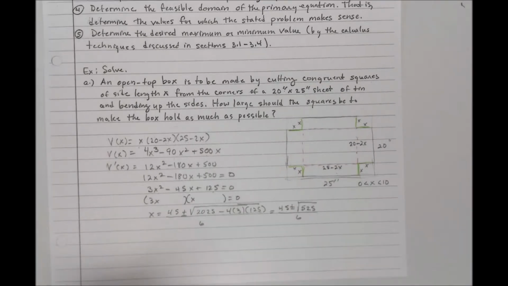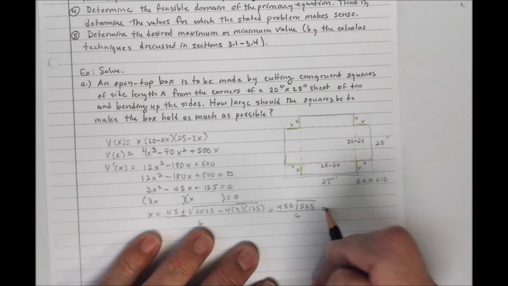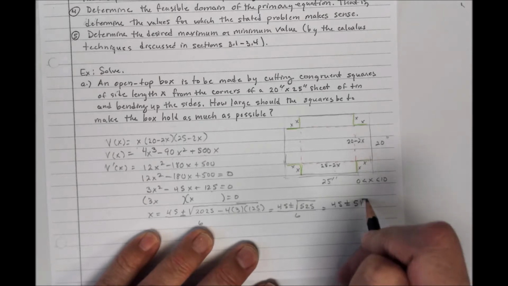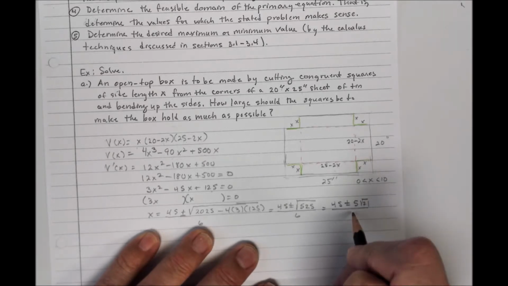Now the square root of 525 is, let's see, 25 goes into that, 21 times. So this is 45 plus or minus 5 square roots of 21 all over 6.